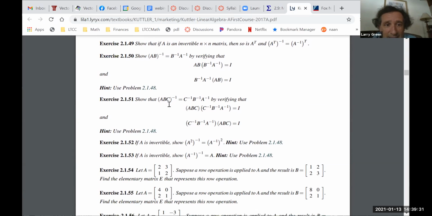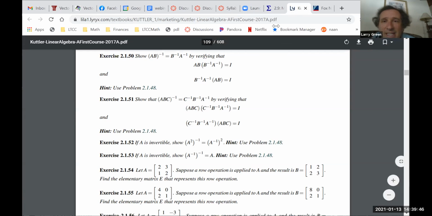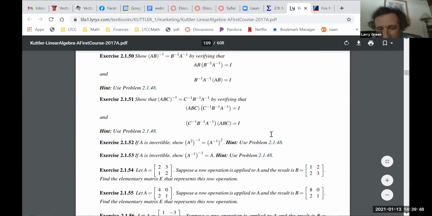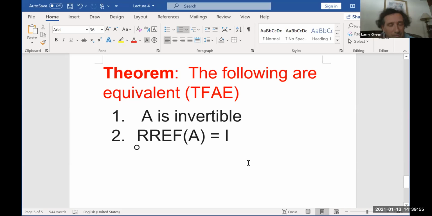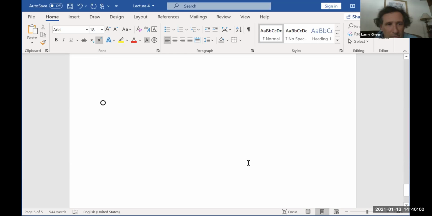Okay, show that ABC inverse equals C inverse, B inverse, A inverse by verifying that when you multiply, it works. Okay, so let's do it. So we want to verify these guys. I think I need it as an equation.